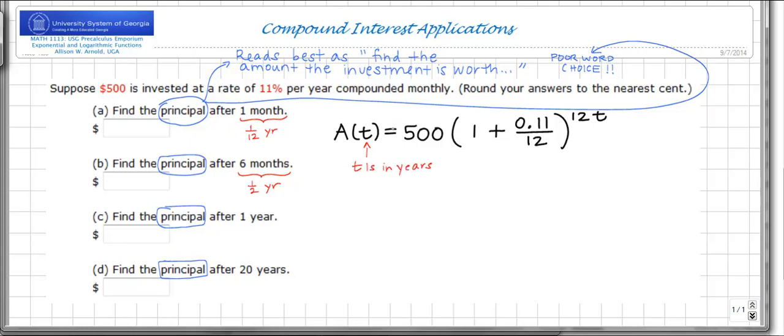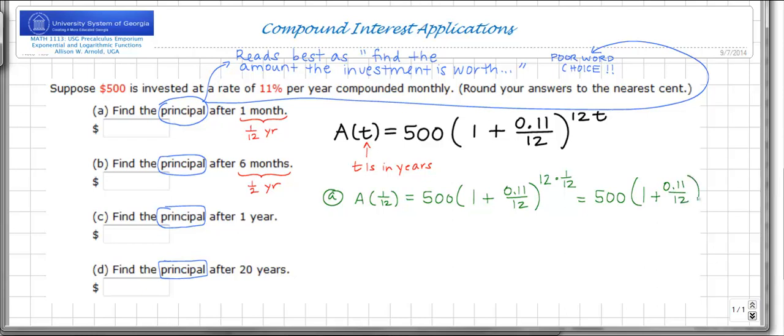Okay, so if we do part A, we would set it up as the amount in 1/12 of a year is 500 times 1 plus the periodic interest rate, and 12 times 1/12. So essentially it makes sense to us because it was compounded monthly that we're investing for only 1 month. So that's why our exponent should be 1.